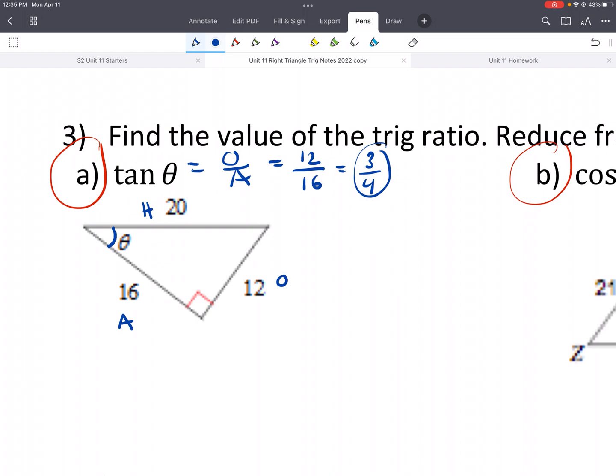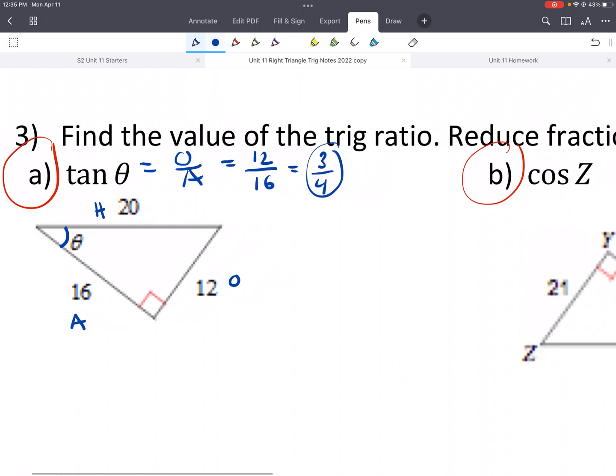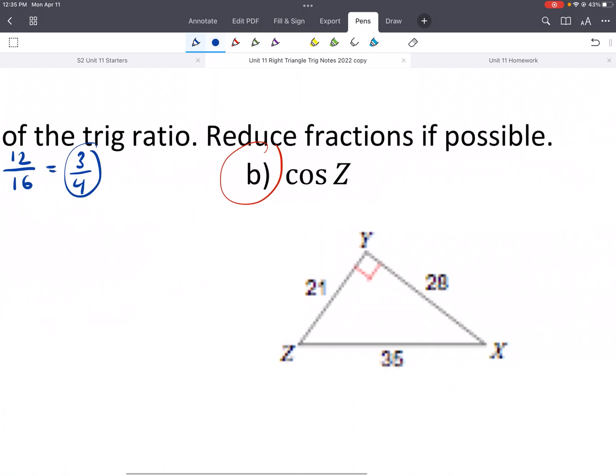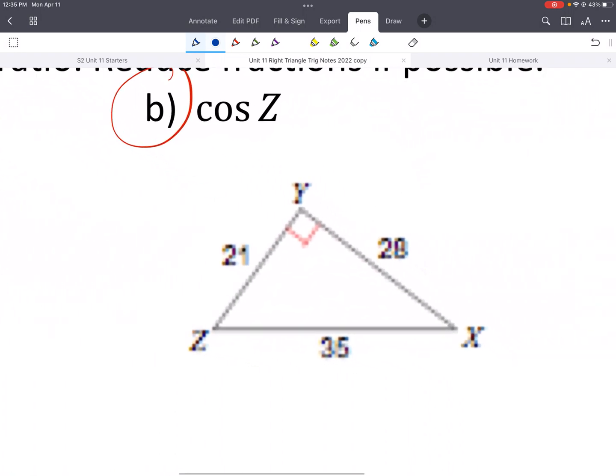We're going to add a couple things that you've already done before in order to simplify further. Here's another example where we have cosine of z, and z is this vertex, and its angle is z. Okay, so that's our reference angle, meaning that this is our H, O, and A. So now we can write down our ratio.